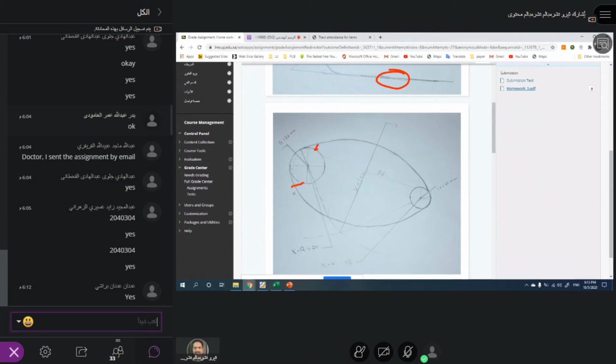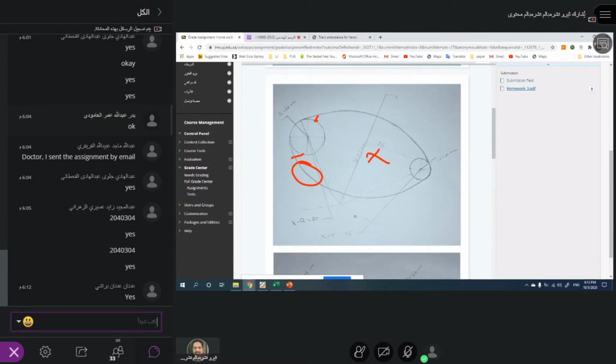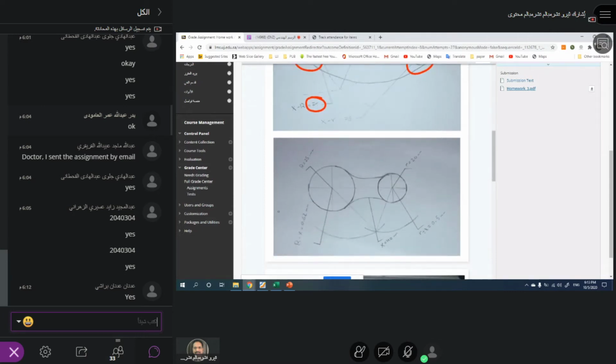It's not tangent. And this is sad. I think you have to improve a lot. See, this is freehand. Freehand.